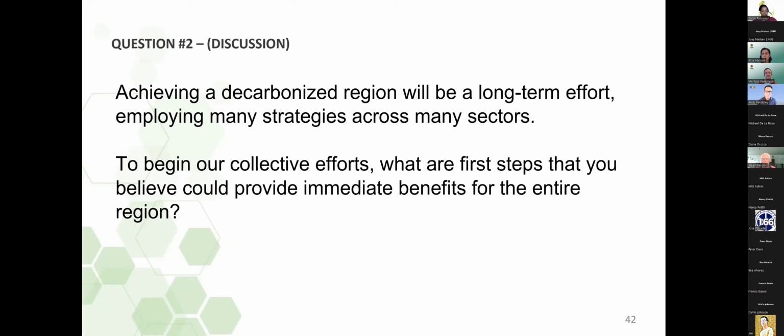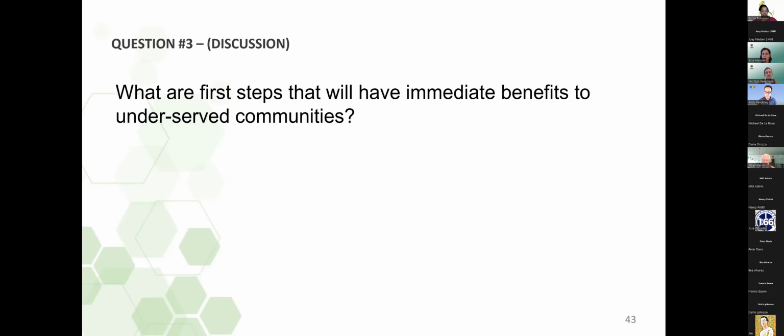Particularly, I think what you're referring to is the connection between land use and transportation. There is a pretty significant mismatch in how we've grown, being auto-centric and dependent on internal combustion engines.